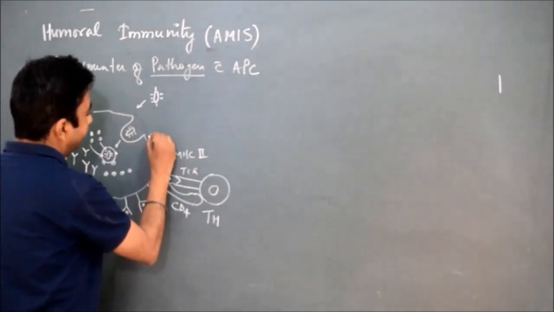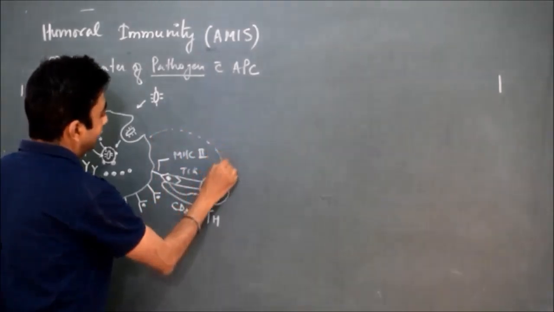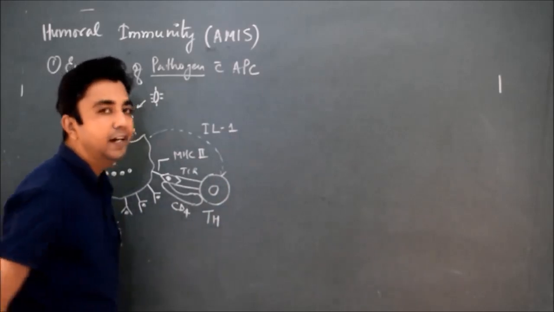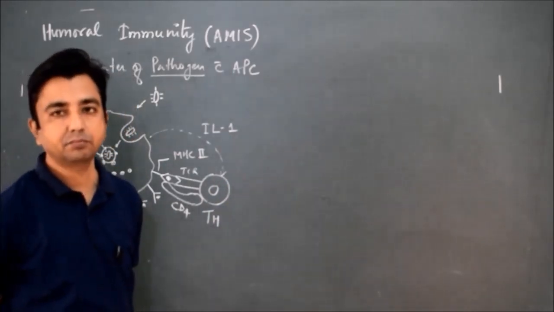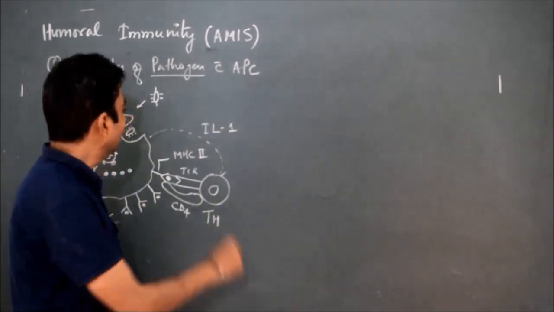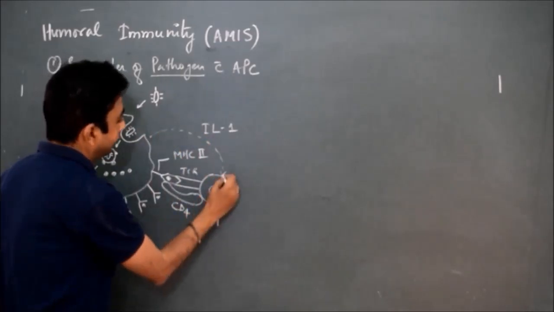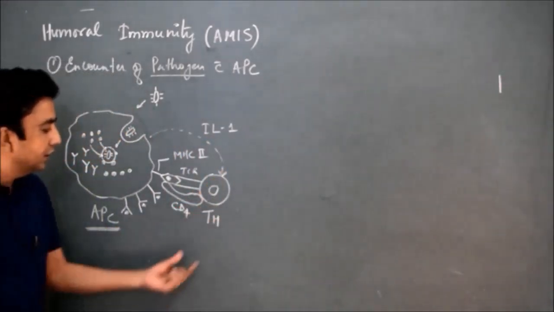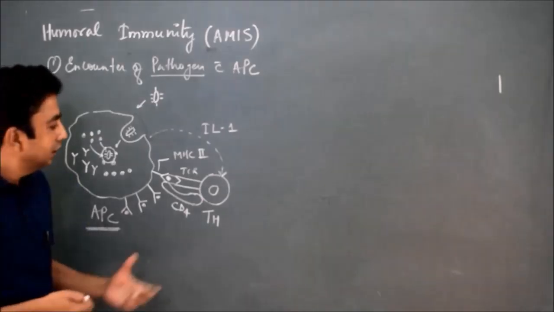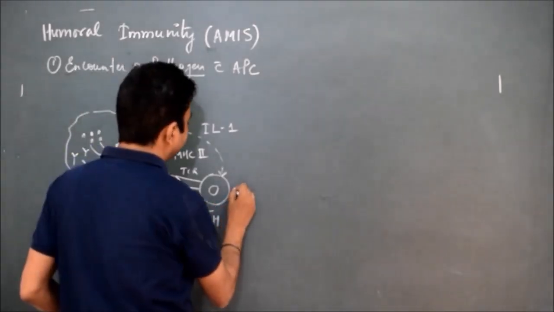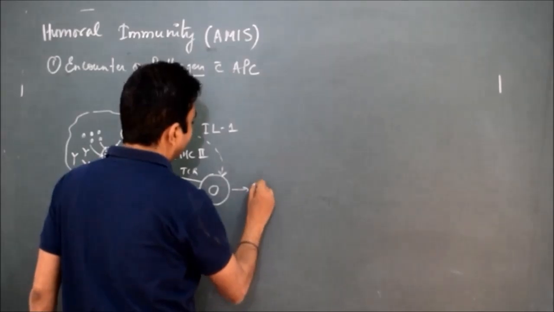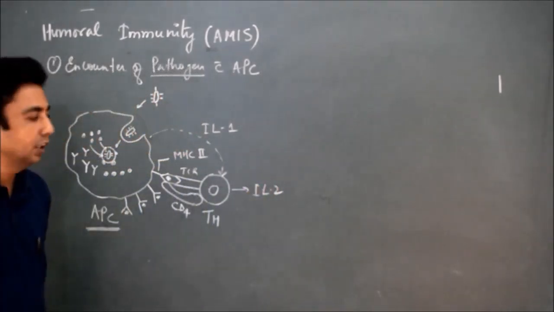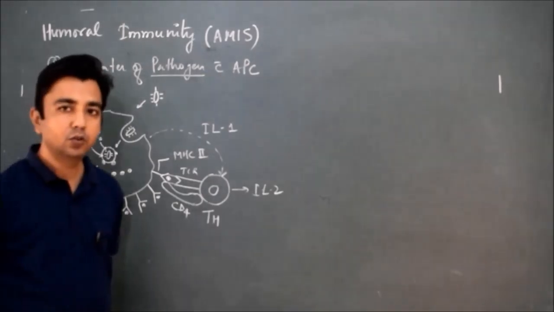this APC will secrete IL-1, interleukin 1. Once this interleukin 1 reaches the T helper cell, the T helper cell secretes IL-2.